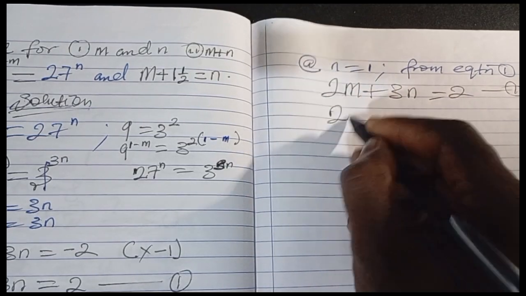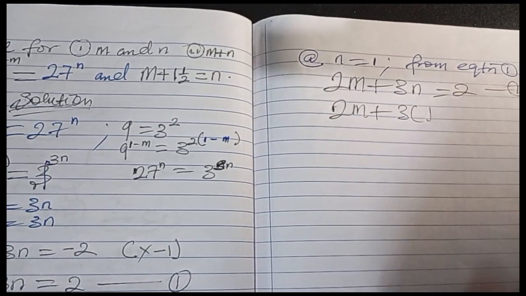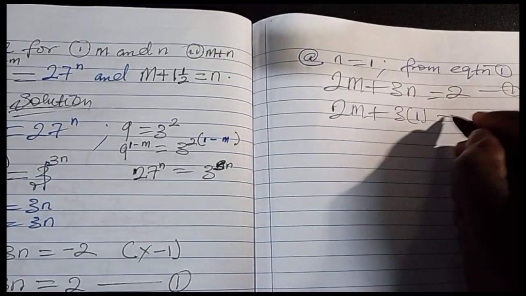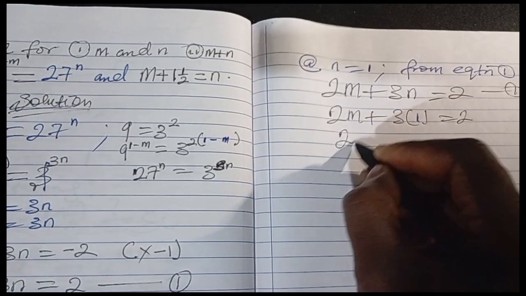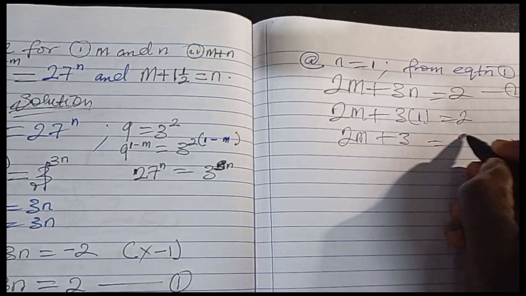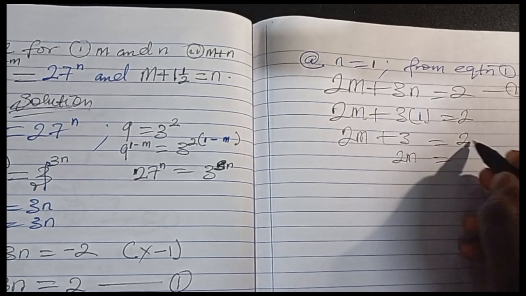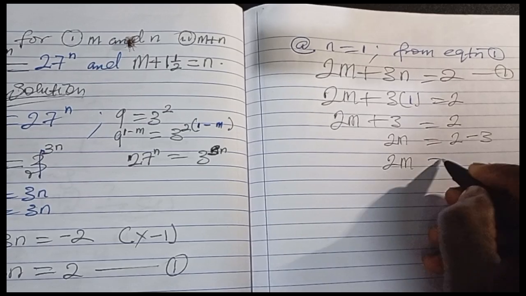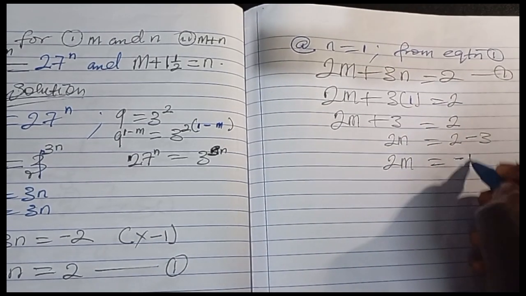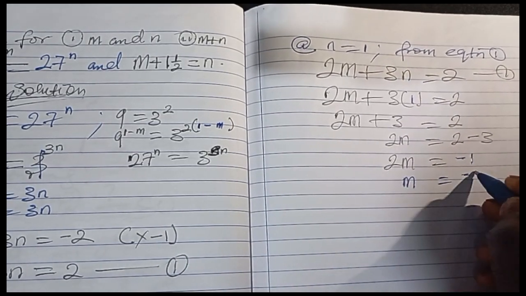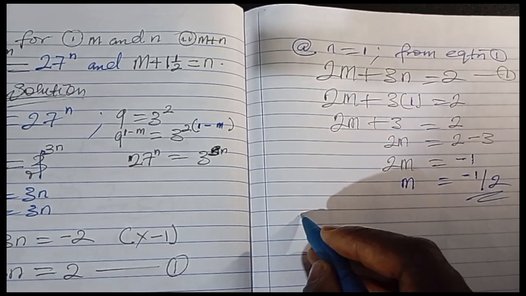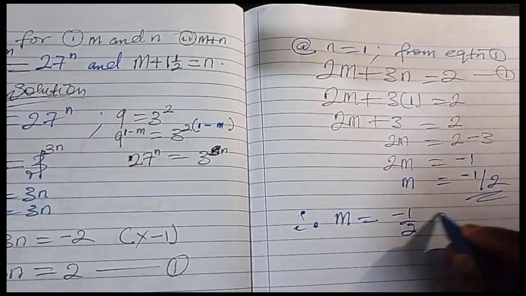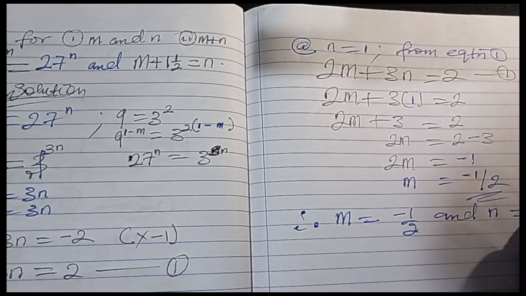So I can have 2m plus 3 times the value of n, which is 1, so this is equal to 2. So that 2m plus 3 is equals to 2. And 2m will be 2 minus 3. 2m equals 2 minus 3 will give you minus 1. So that m will be minus 1 divided by 2. Therefore, m equals minus 1 over 2 and n equals 1.